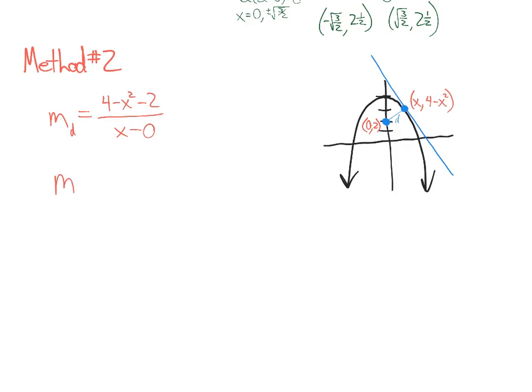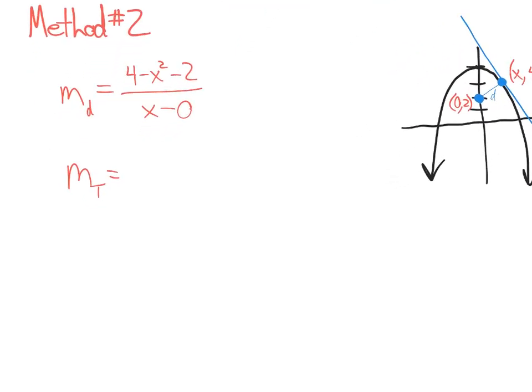The slope of the tangent line is what? Slope of the tangent line is derivative, okay? So what's the derivative of 4 minus x squared? Negative 2x.